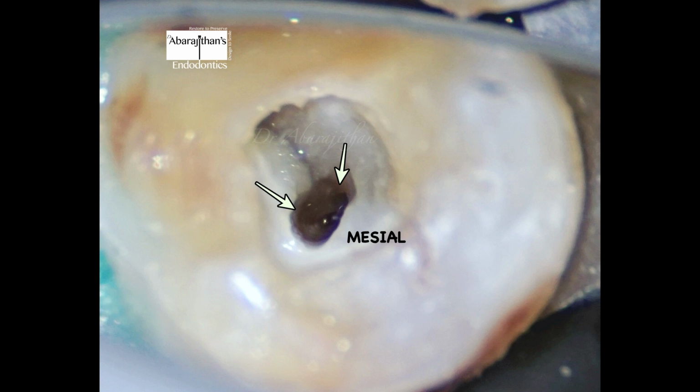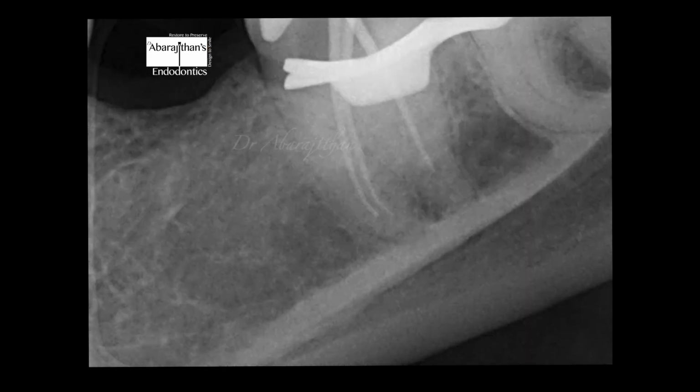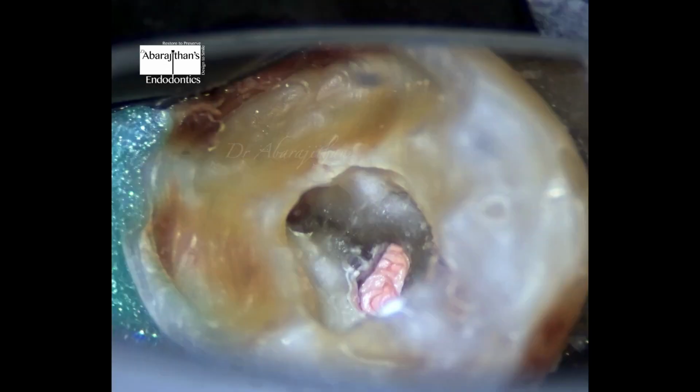The only thing is they are a little deeper, about 2 millimeters down the pulp chamber floor, making it a little difficult without magnification. When I was taking my master cone radiograph, you can see that almost 1 to 2 millimeters short of the apex, they are two separate canals.